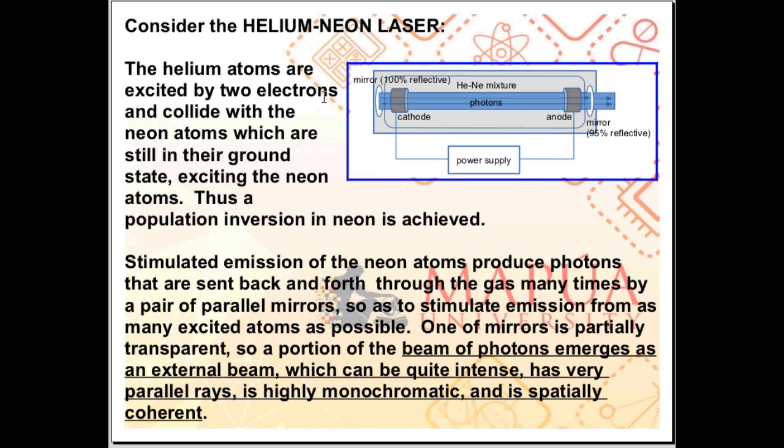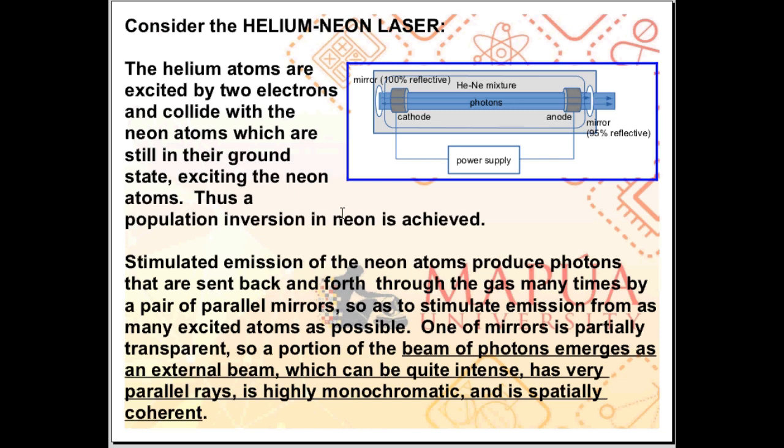Note, not electrons but electrodes: you have a cathode and an anode. The excited helium atoms will collide with the neon atoms that are still in their ground state, thus resulting in excited neon atoms. Thus, we have population inversion in neon.